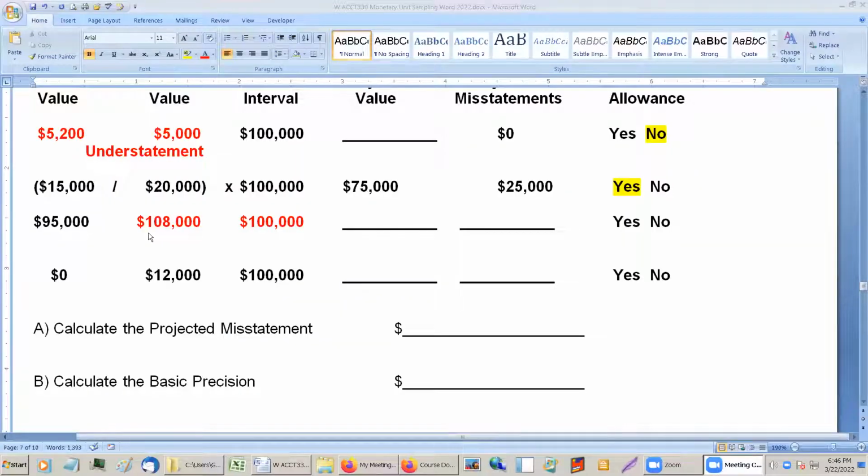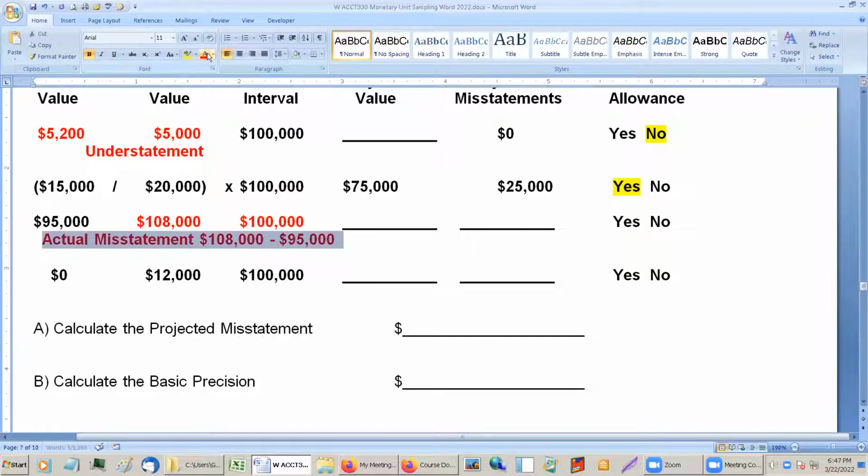So this one, we're going to switch gears here, and we're just going to get the actual misstatement, not the projected. This is actual. Which is 108,000 minus the 95,000, and that equals 13,000.